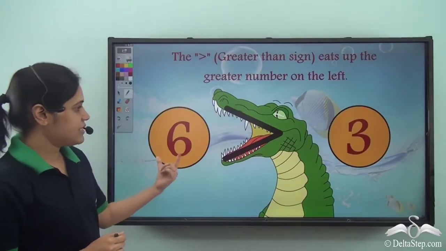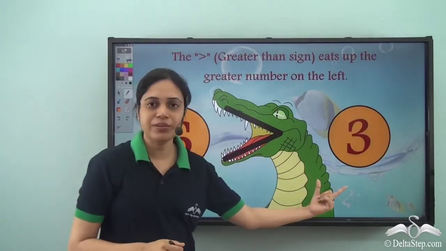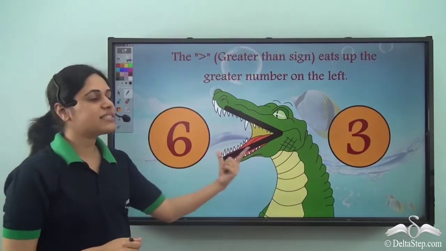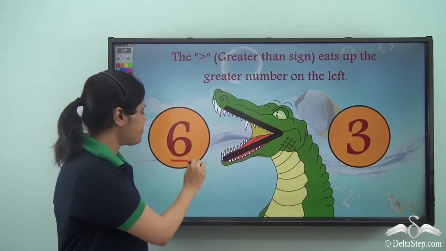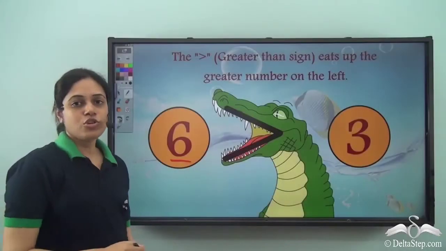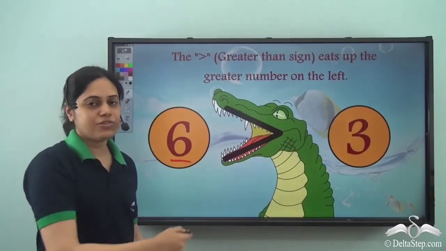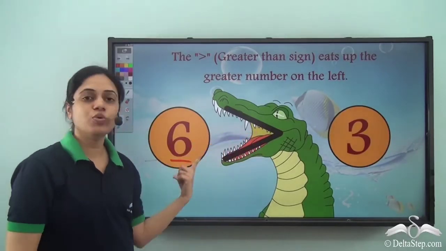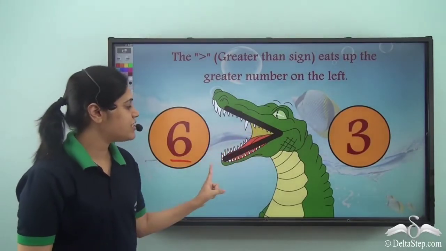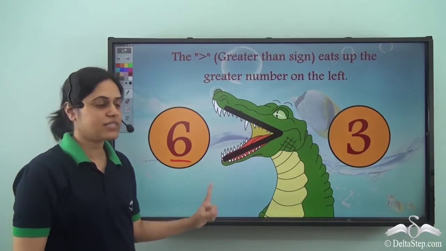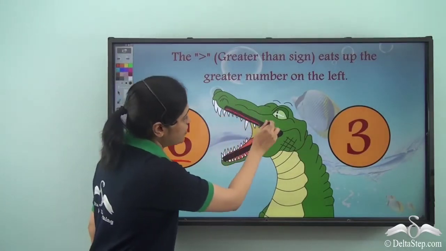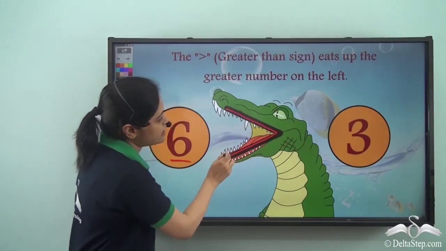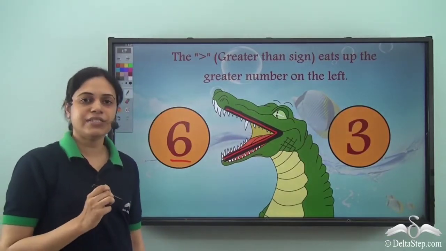So in this case, we have 6 and 3. Now between 6 and 3, 6 is the bigger number. So the evil alligator will open his mouth towards 6. So we see that his mouth is open towards 6. And this symbol is the greater than symbol.